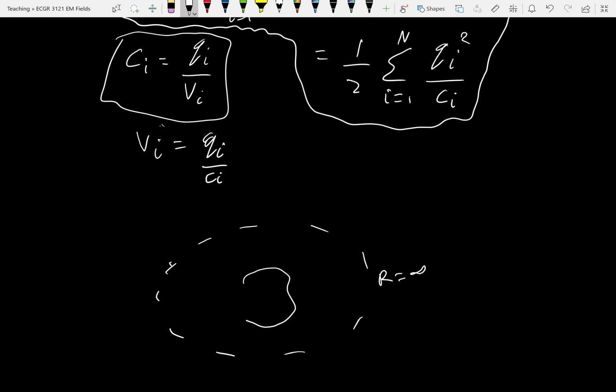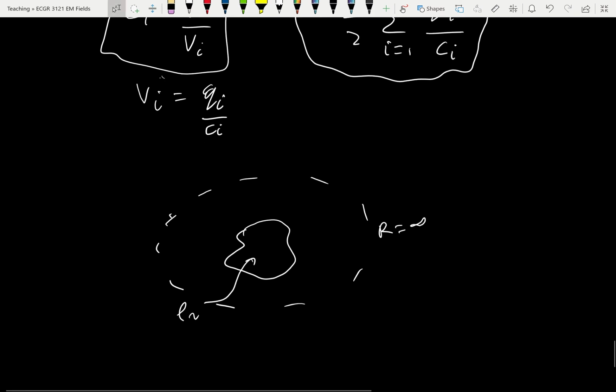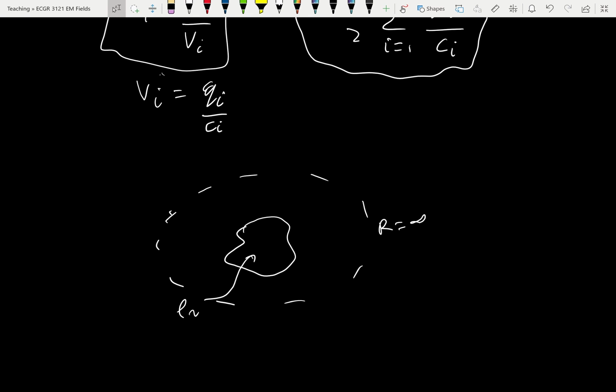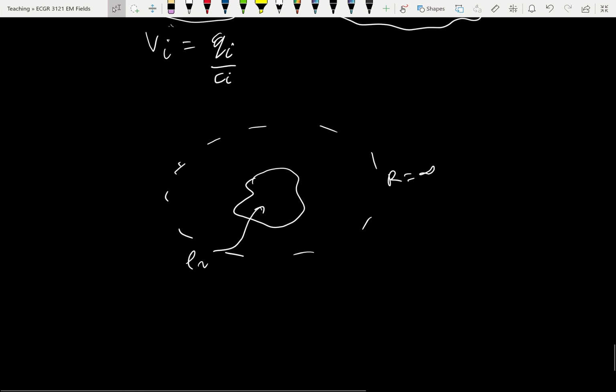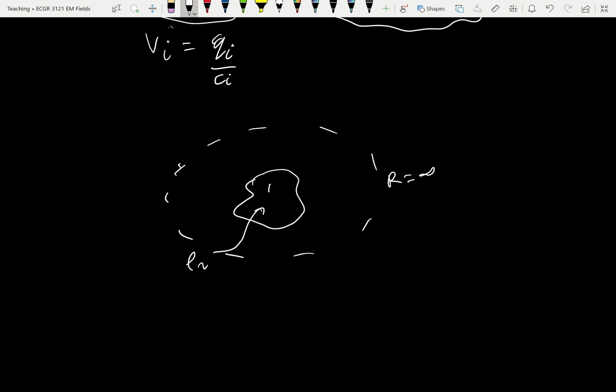Like I have just a charge distribution, I have rho v. Same thing, but now instead of summation, we do integration, right? So now each small volume dv prime is going to have a charge of rho v dv prime, right?